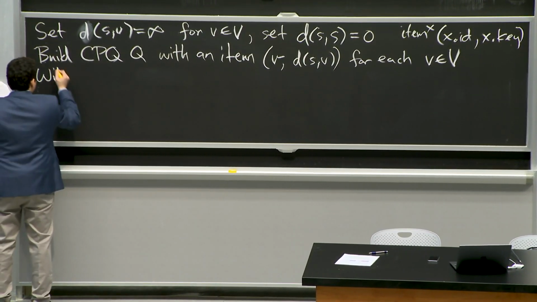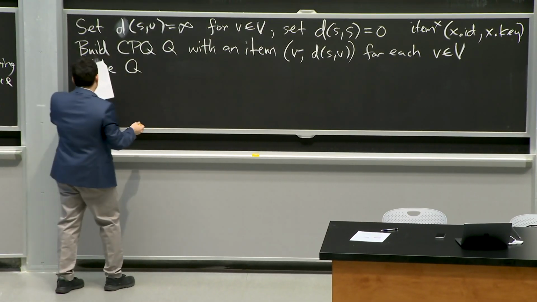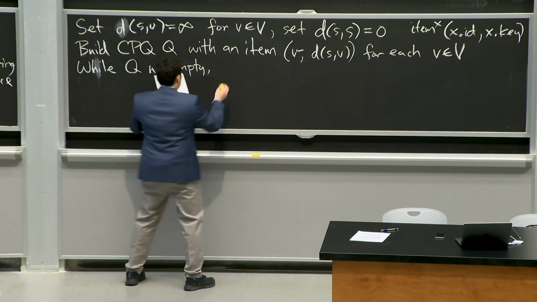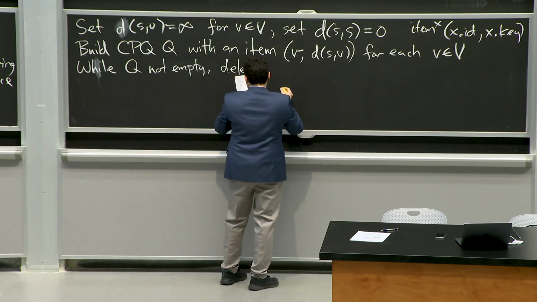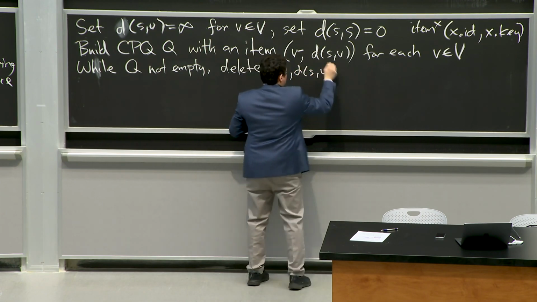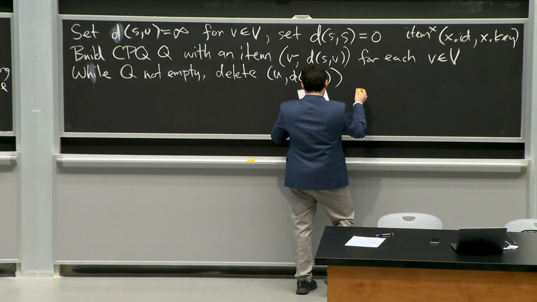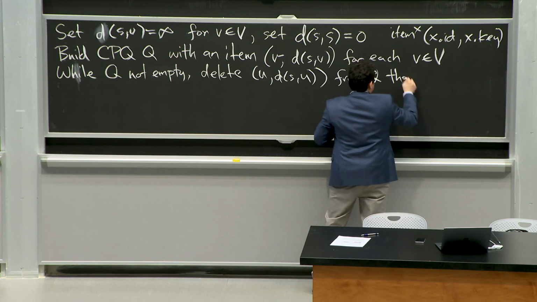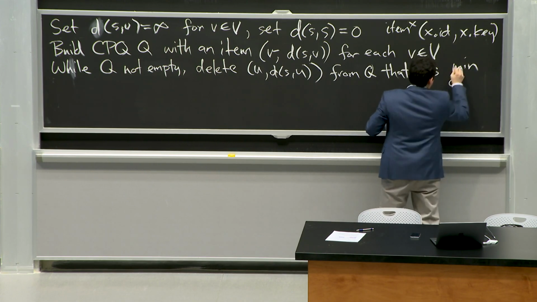Then while my changeable priority queue still has items, not empty, I'm going to delete some u, d of s,u, so some item such that its distance is minimized, from Q, that has minimum distance.